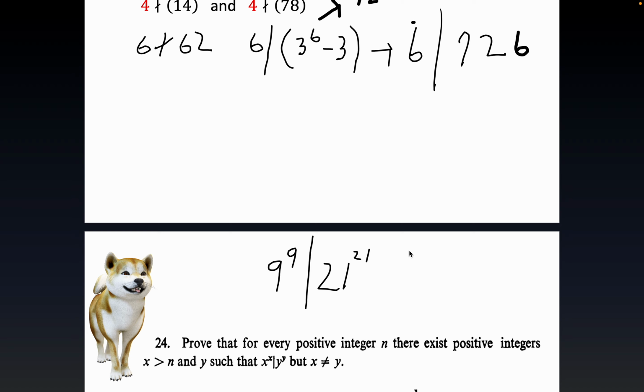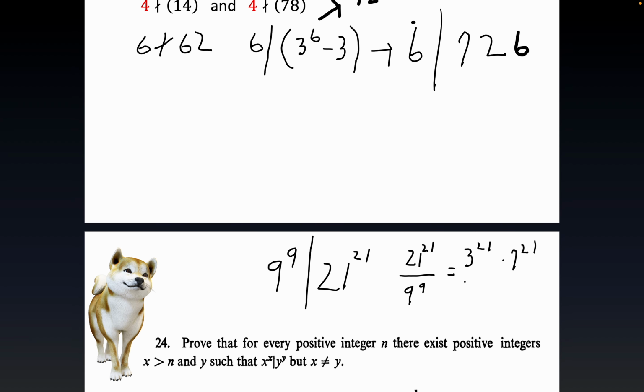If you look at 21 to the 21st, this just means that you get an integer. In other words, 9 to the 9th is a divisor of 21 to the 21st. So you can write it more conventionally as 21 to the 21st over 9 to the 9th. And you're going, how in the world would you know this? Well, it's pretty easy actually, because this is 3 to the 21st times 7 to the 21st.